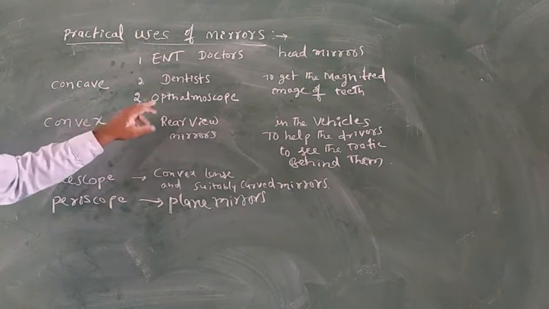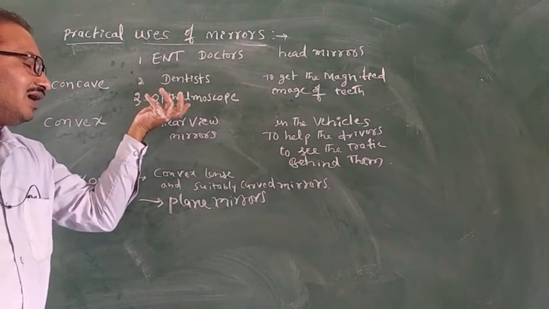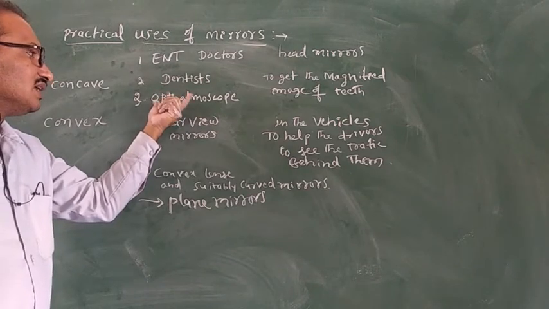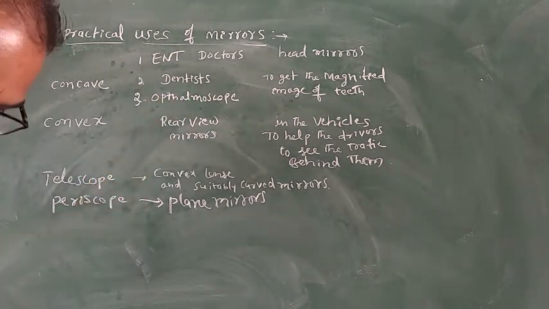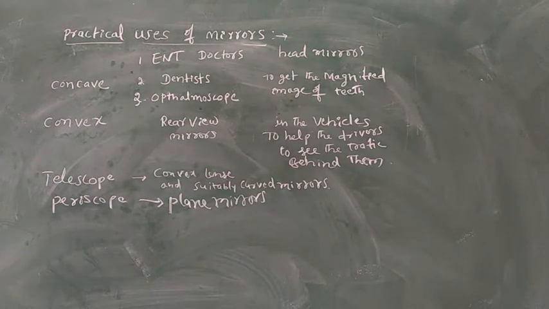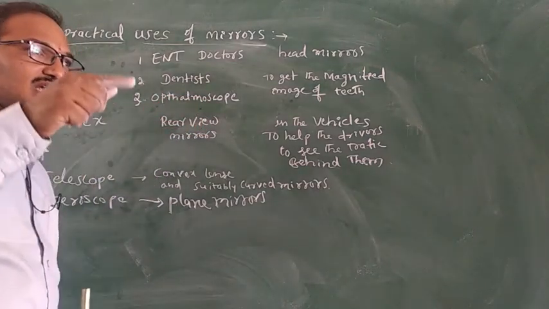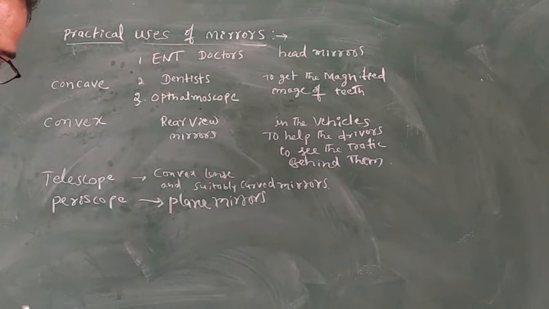Ophthalmologists, meaning eye doctors, use an apparatus called an ophthalmoscope. It is fitted with a concave mirror having a small hole near the center. You can observe the hole near the mirror in the ophthalmoscope.